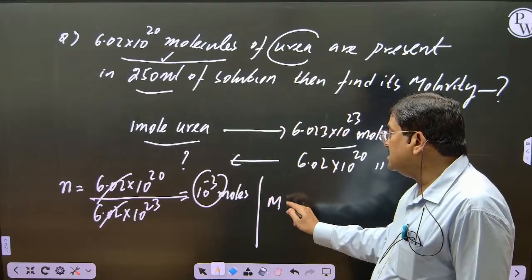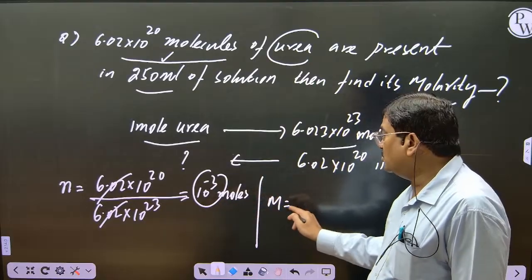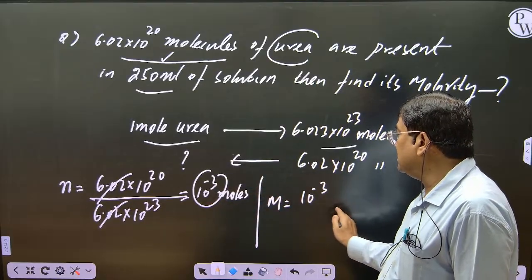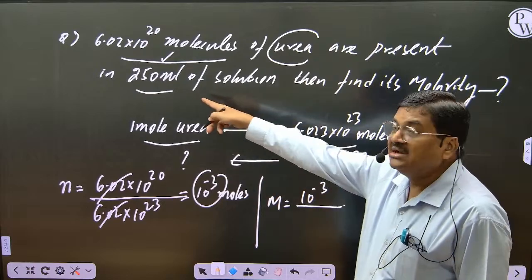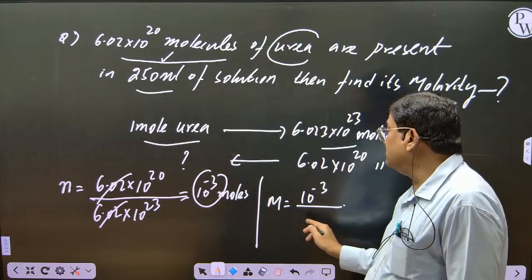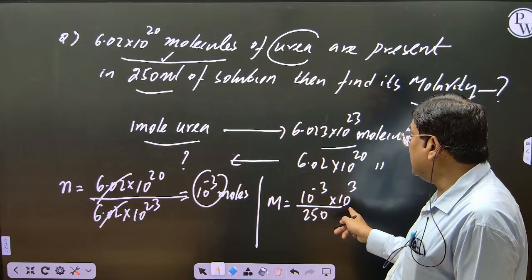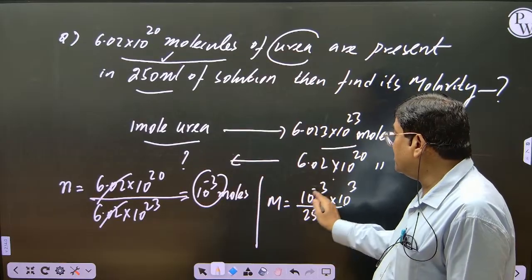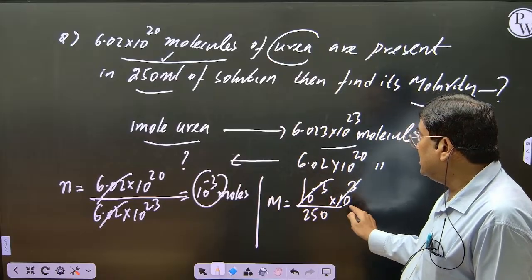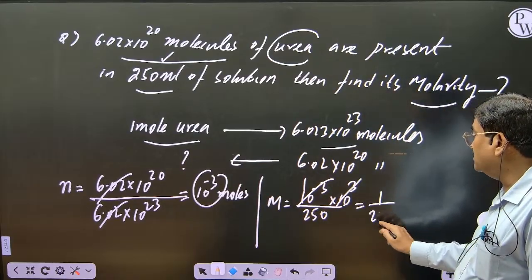Now molarity is equal to number of moles, 10 power minus 3, by volume. Volume is not given in liter. 250 is given, so I have to divide 250 by 1000. 1000 means 10 power 3. 10 power 3 and 10 power minus 3 get cancelled. That comes 1 by 250.